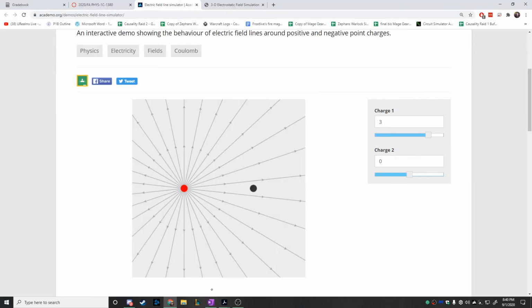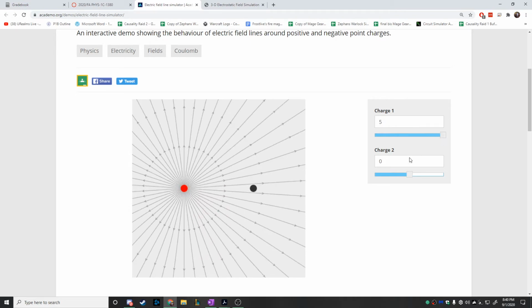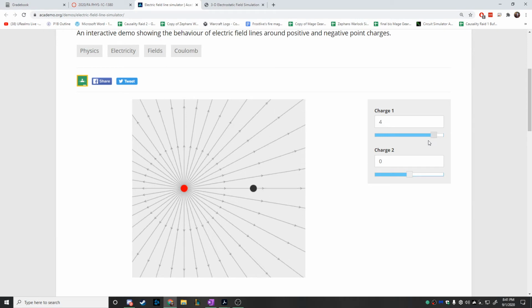Okay. All right. Now, this is just for a single point charge. And of course, as we make it stronger, we get more lines. And that's simple enough to understand.